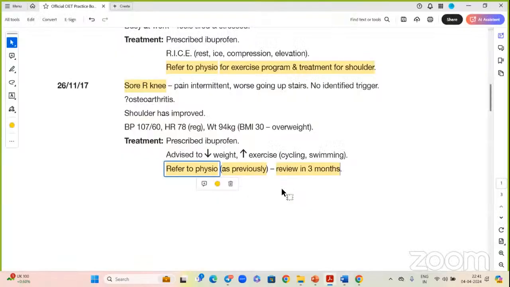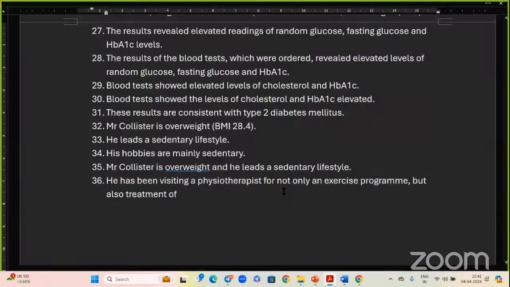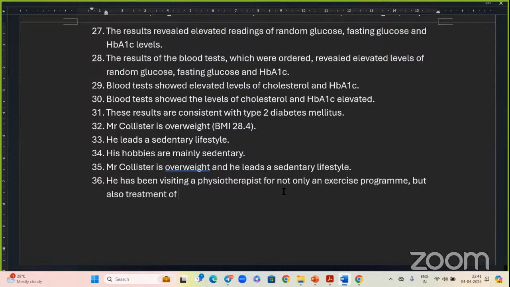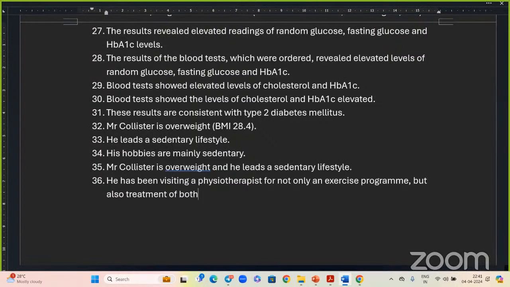Shoulder and right knee. So both of them are important here. Both of them are important. Treatment of both the shoulder and the knee. Okay. Treatment, you can say management.